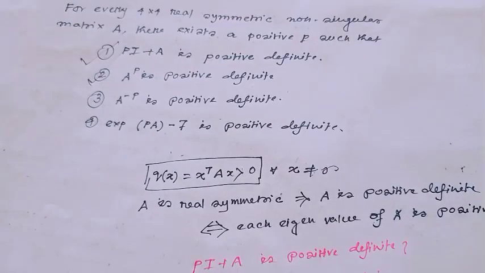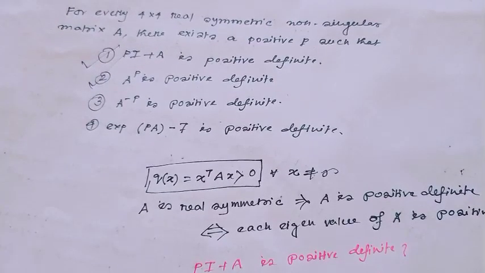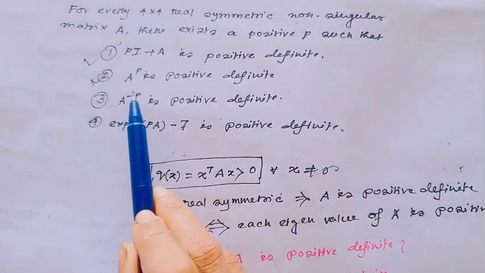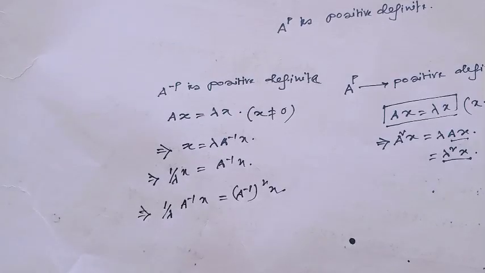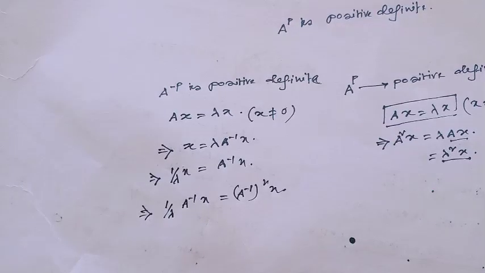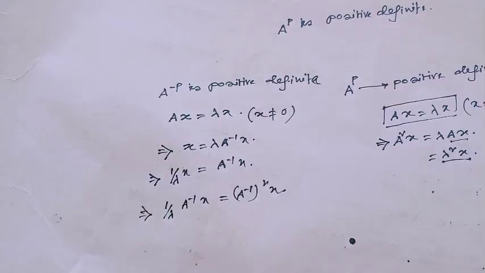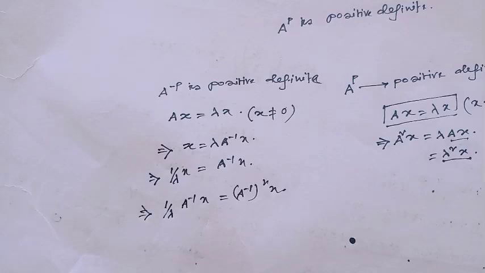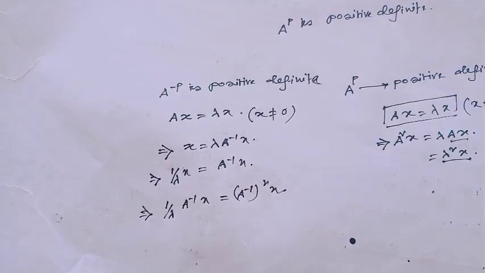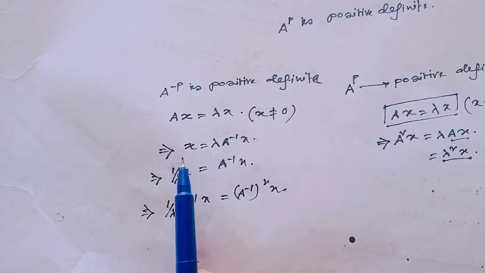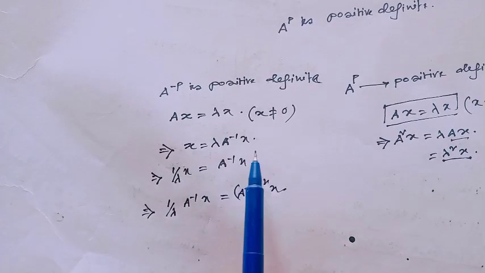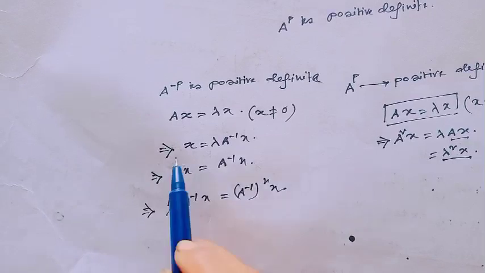And option 3 is A to the power minus P. Here not P, here minus P is positive definite. For this, third, we have to prove whether A to the power minus P is positive definite or not. Ax equal to lambda x where x not equal to 0. And since given A is non-singular, that means x equal to lambda times A inverse x.